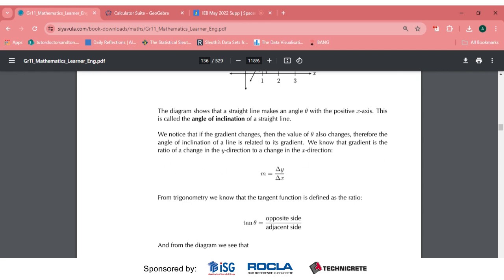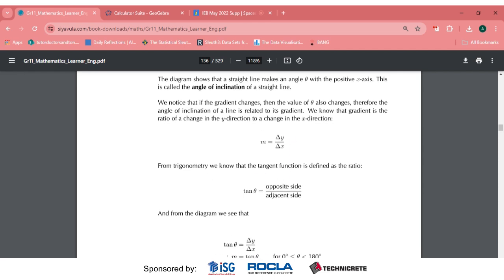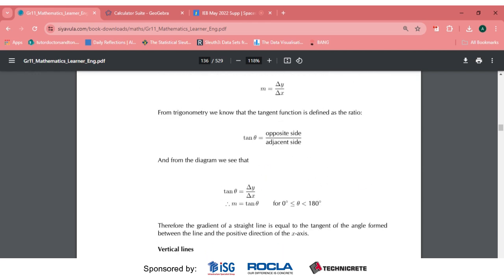We know that the gradient is a ratio of change in the y direction to change in the x direction, like we were calculating earlier on. The gradient is y2 minus y1, which is also represented as a change in y, over x2 minus x1, which can also be rewritten as a change in x. From trigonometry, we know that tangent is defined as the ratio opposite over adjacent for tan theta.